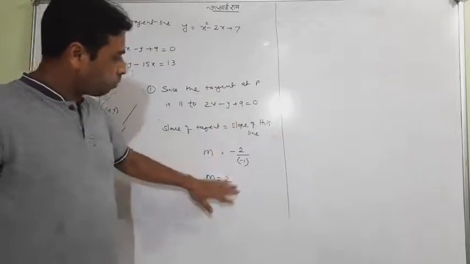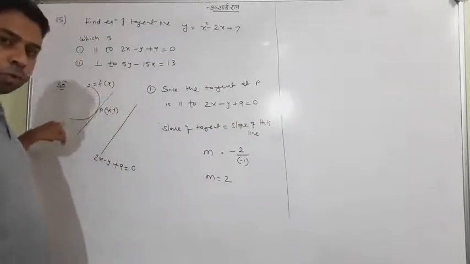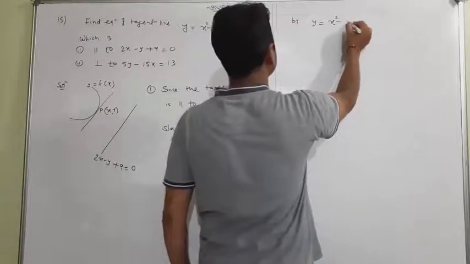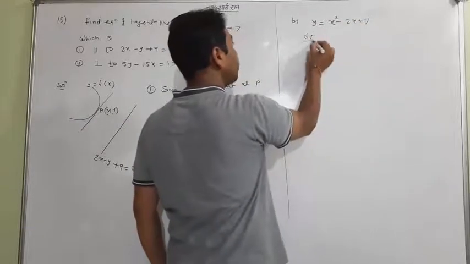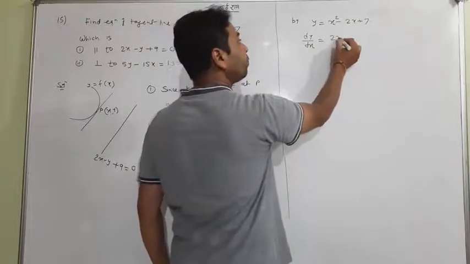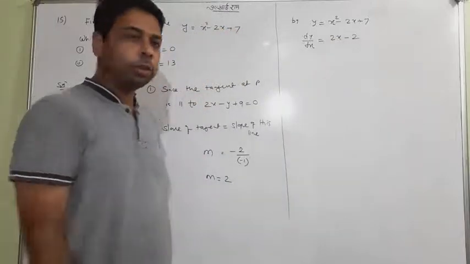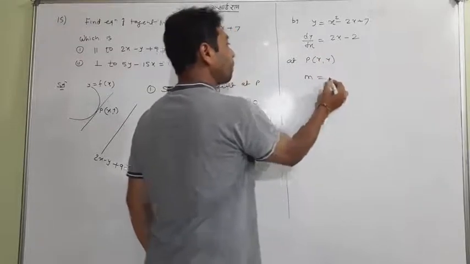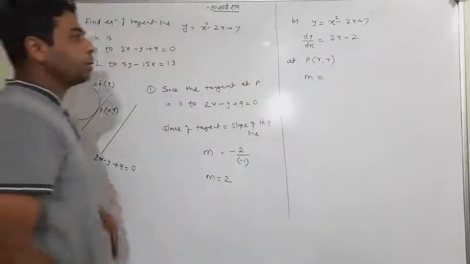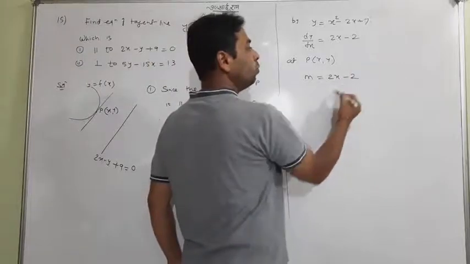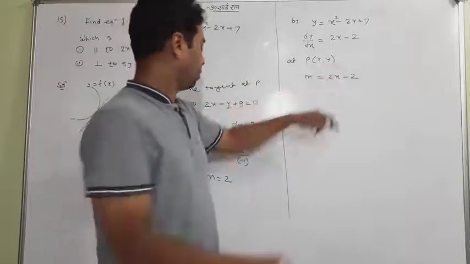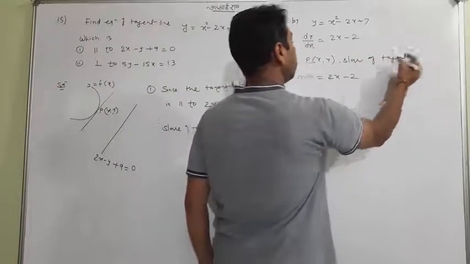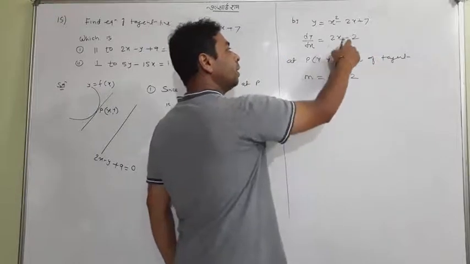Now we have got the slope of the tangent also. Now I will use the equation of the curve and I will find dy by dx, meaning I will find the slope. It is differentiation. At P(x, y) the slope of the tangent will be 2x minus 2, because instead of x it is x, and y is nothing there, no matter at all.